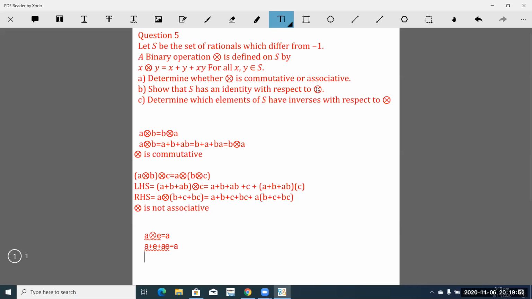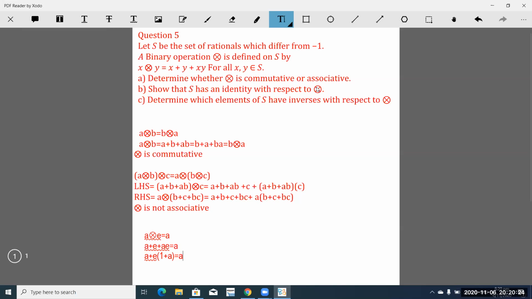So what's E now? How are we going to make E the subject? Look, these two right here have E in common, so I want to factor out E. Factoring out E from these two, you get E times (1 plus A).